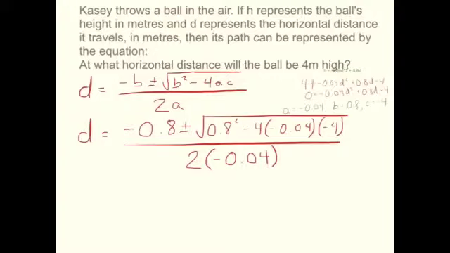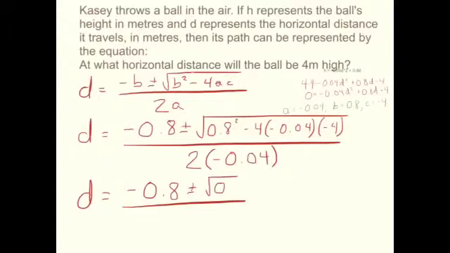Again, I'll suggest that the first thing you do is take the stuff under the square root sign and pop that in your calculator. Something interesting happens in this case, because we get 0. And we'll look at why that's interesting. And in the denominator we have 2 times negative 0.04, which is negative 0.08.